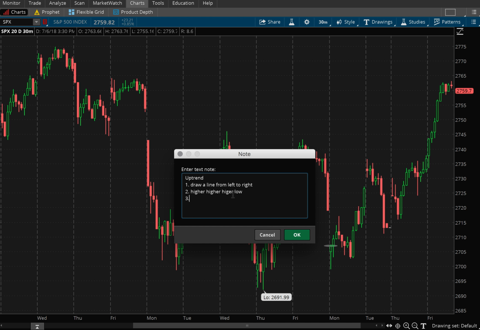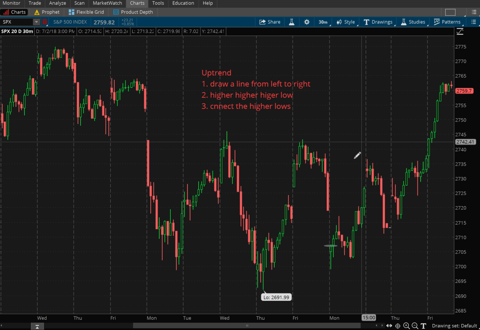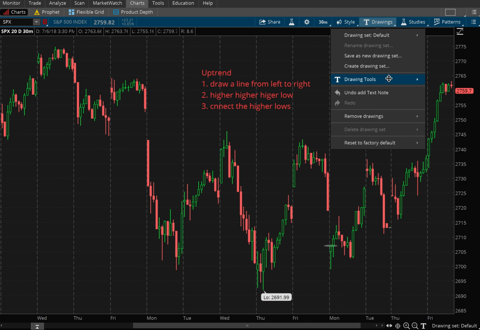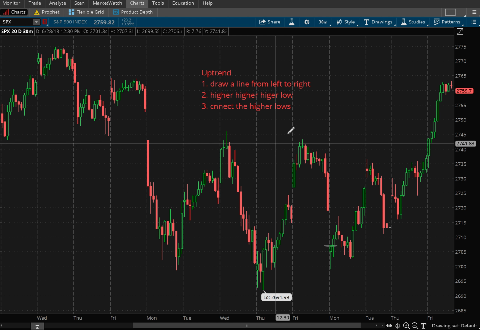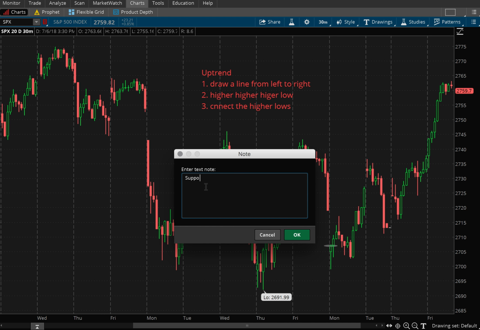The third way to define an uptrend is we connect the higher lows. If you can connect higher lows, it means you can definitely say that this is an uptrend.